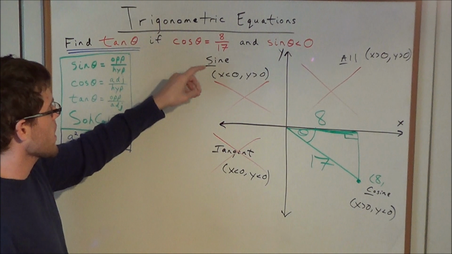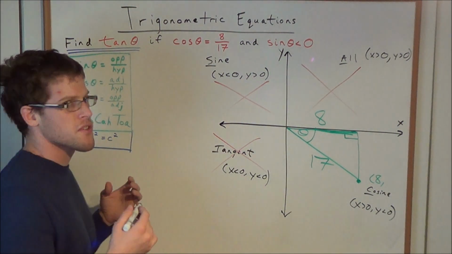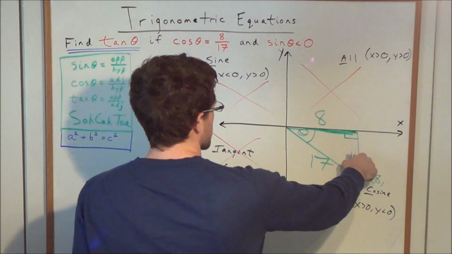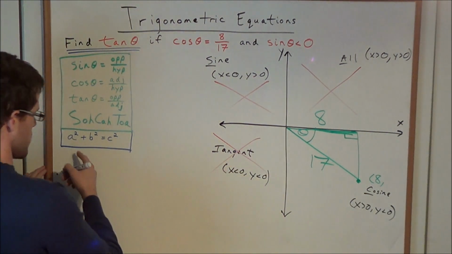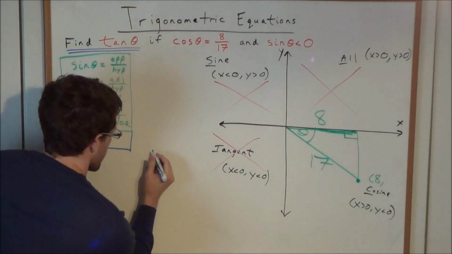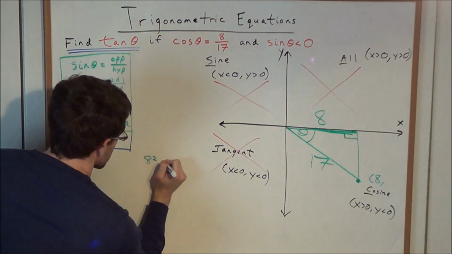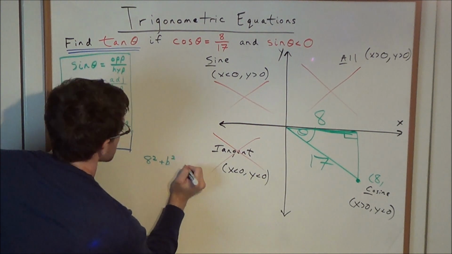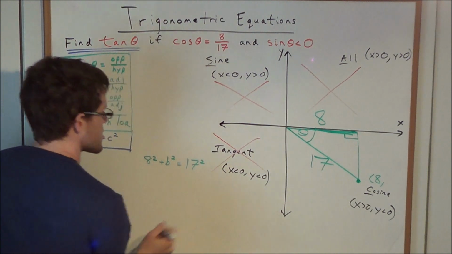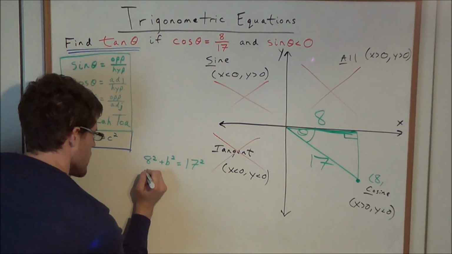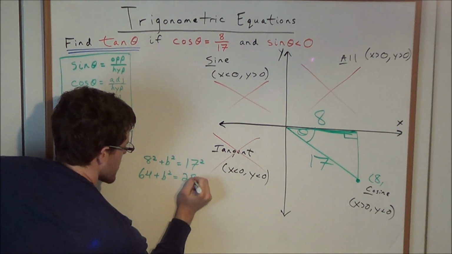Now we look at this right triangle, and if you know this off the top of your head, this is a Pythagorean triple. We could just say that this is 15. But let's investigate how we would get that if we didn't. We use the Pythagorean theorem, and we have 8 squared plus b squared, where b is the missing leg, equal to the hypotenuse 17 squared, which gives us 64 plus b squared is equal to 289.